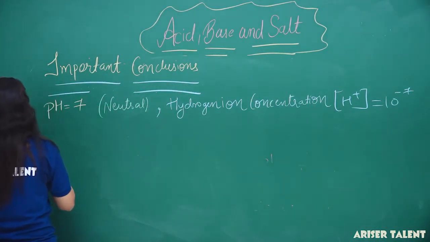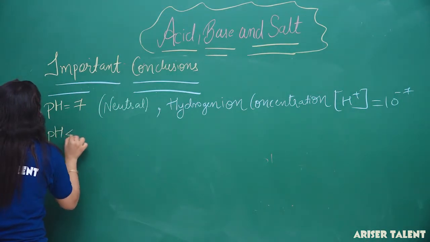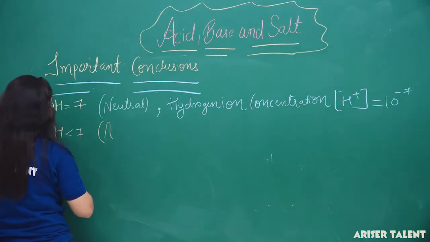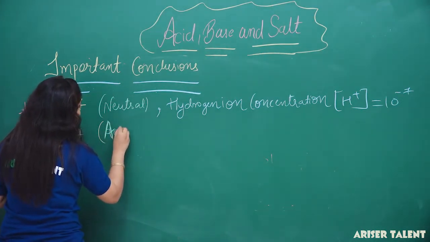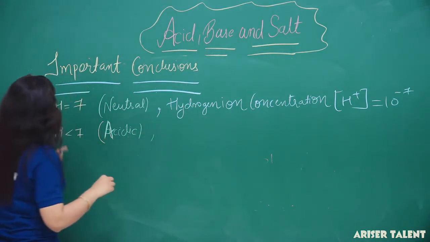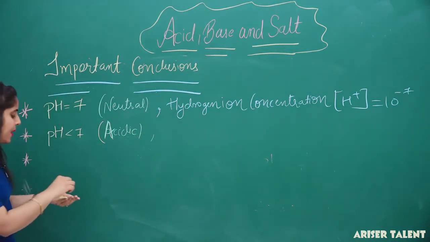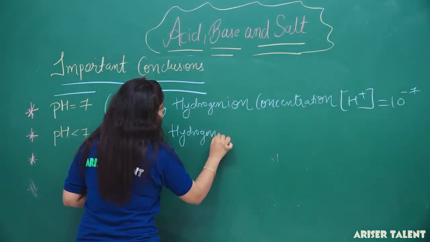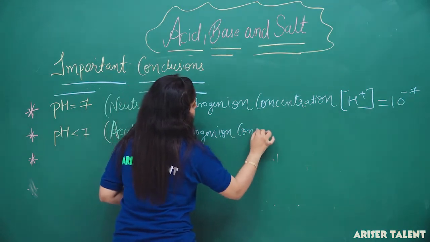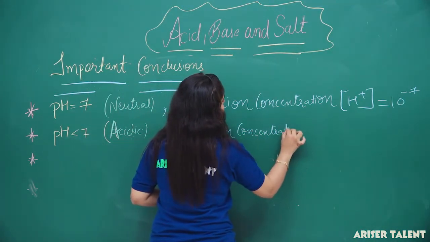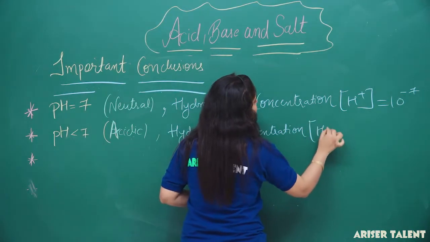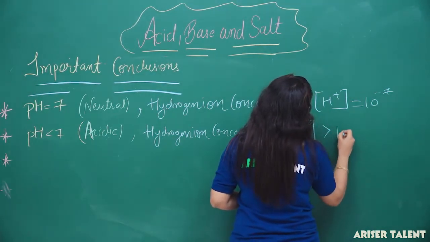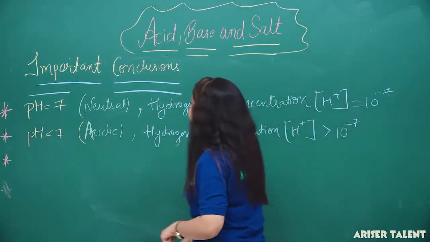Now, if pH is less than 7, the solution will be acidic, and the hydrogen ion concentration, that is H plus ions, will be greater than 10 raised to the power minus 7.